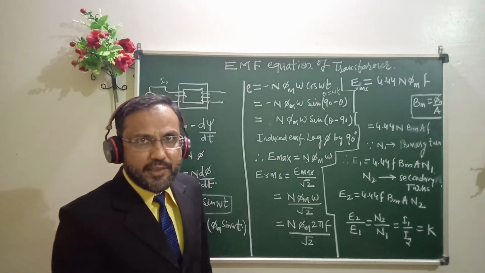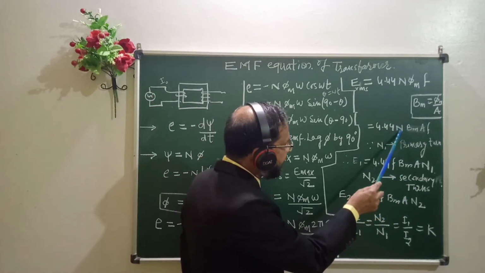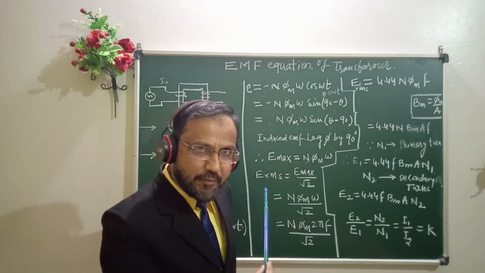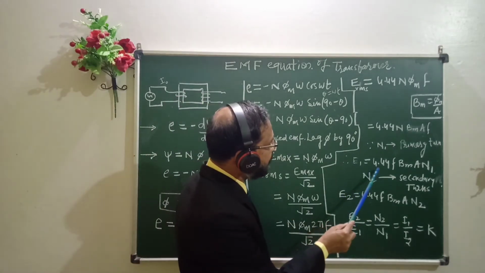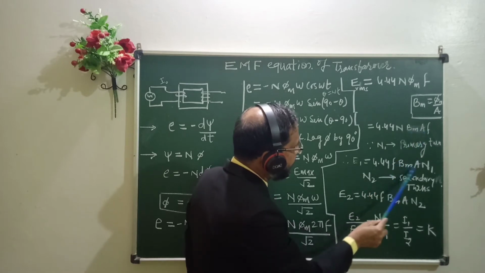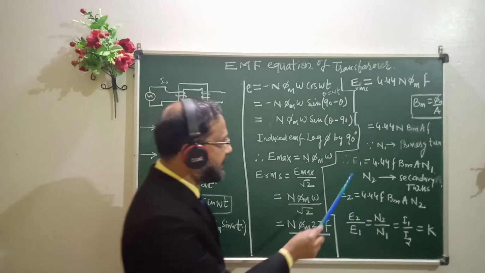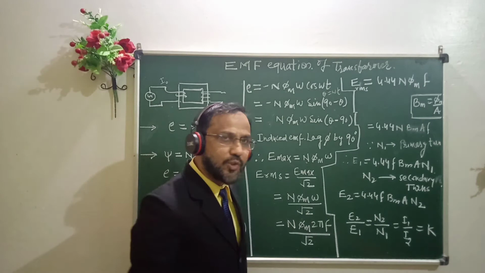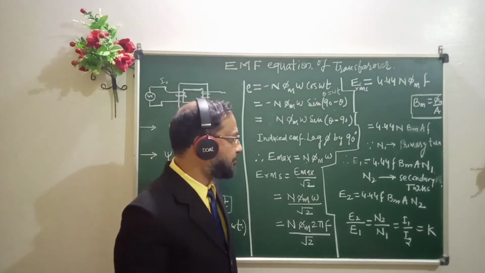If N1 is the number of turns of the primary winding, then I replace this N by N1, so the left-hand side becomes the RMS value of the induced EMF in the primary winding. So E1 induced EMF in the primary winding is equal to 4.44 f Bm into A into N1.